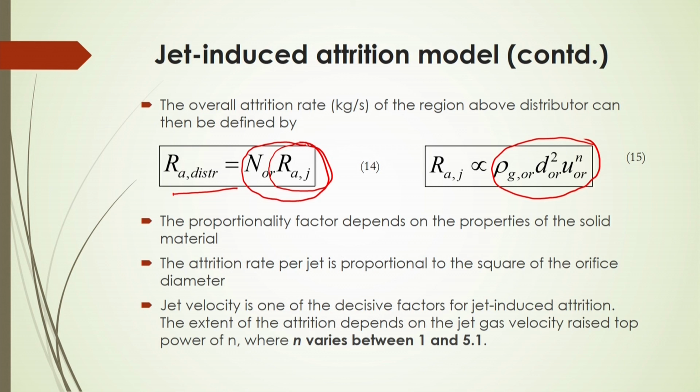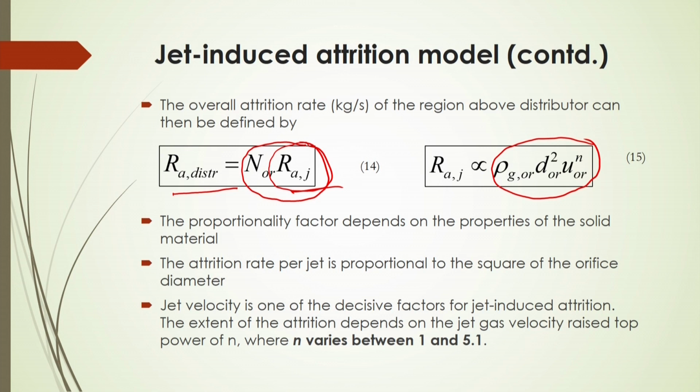This proportionality factor depends on the properties of the solid material. The attrition rate per jet, RAJ, is proportional to the square of the orifice diameter, and the jet velocity is one of the decisive factors for the jet-induced attrition.